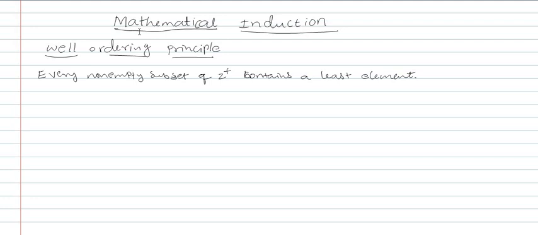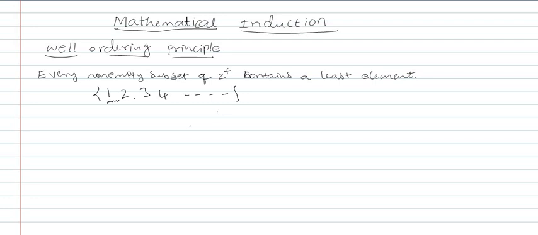To understand this principle better, let's look at an example. Consider the set of positive integers 1, 2, 3, 4, etc. This set is well ordered because it has a smallest element, 1.